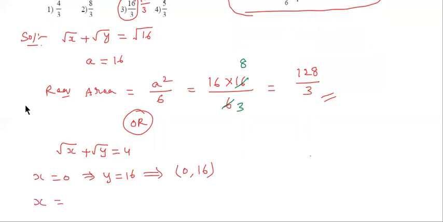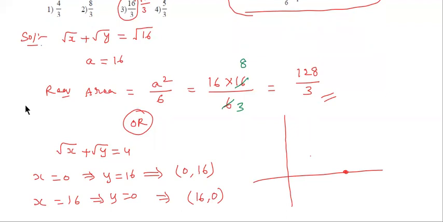If x is equal to 16, then what is y? You will get 0. So another point of intersection is 16 comma 0. Draw the diagram. Here is the 16, here is the 16. The curve is like this.